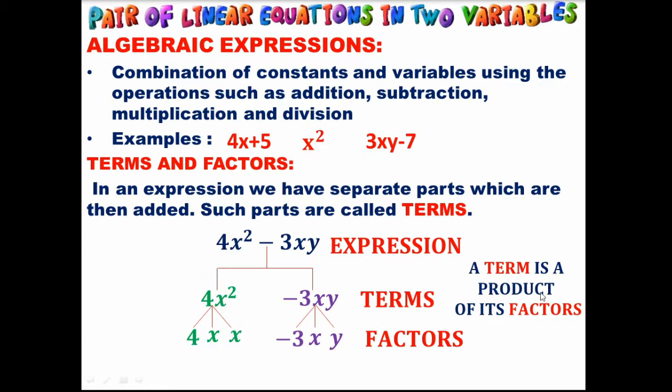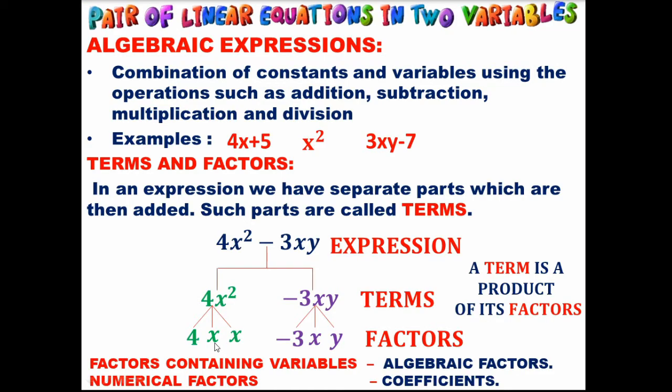So a term is a product of factors. See, even in these factors, the factors containing variables, that is x and y, are called algebraic factors, and the constants, that is 4 and minus 3, are called numerical factors, that is the name given as coefficients. Alright, so x and y are algebraic factors, 4 and minus 3 are numerical factors called coefficients. So hope you are clear with algebraic expressions.